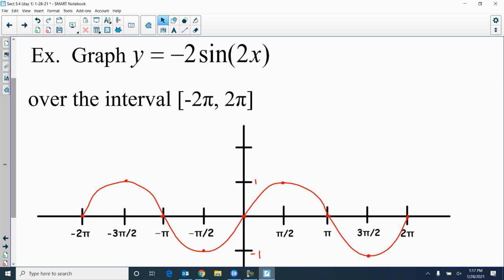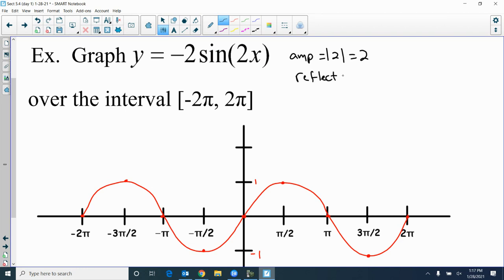The negative is out in front, so it's going to reflect it over the x-axis. So our amplitude is going to be 2. It's going to reflect over the x-axis.